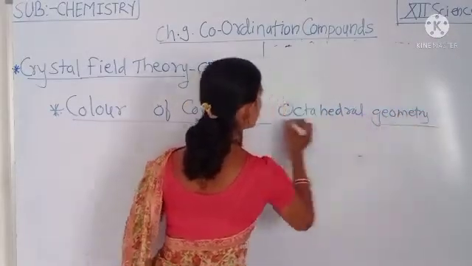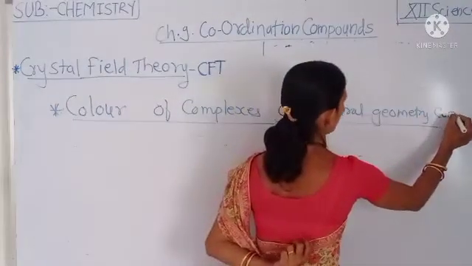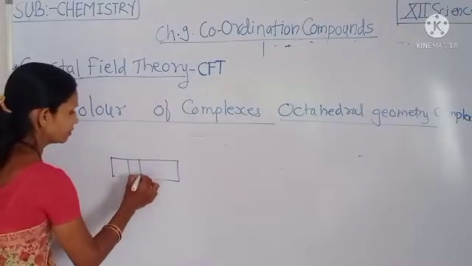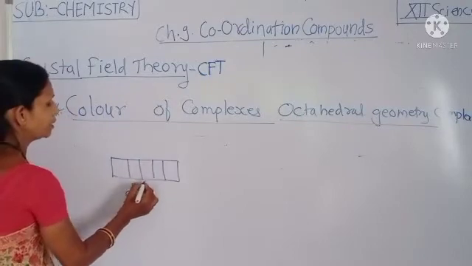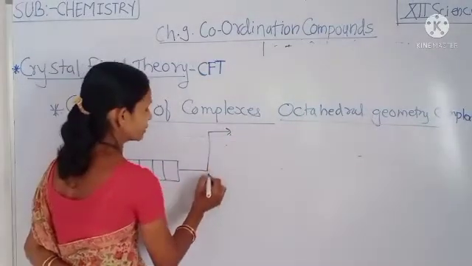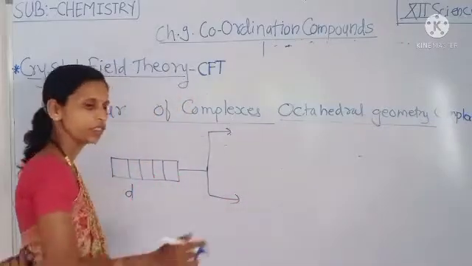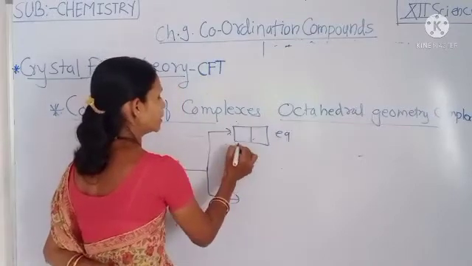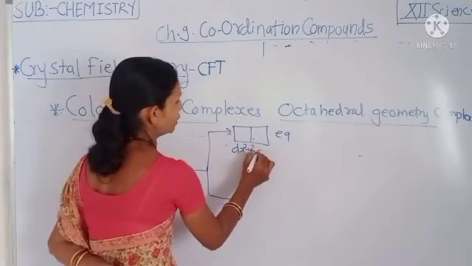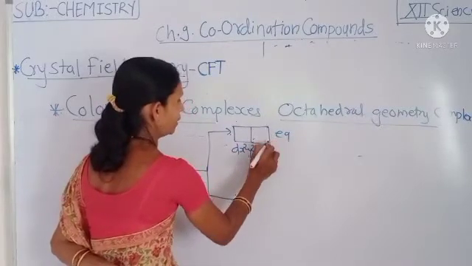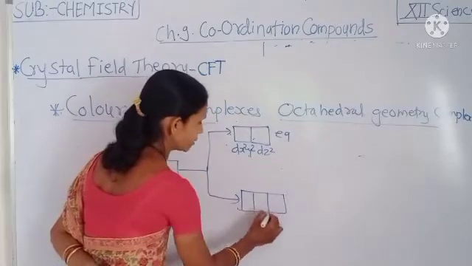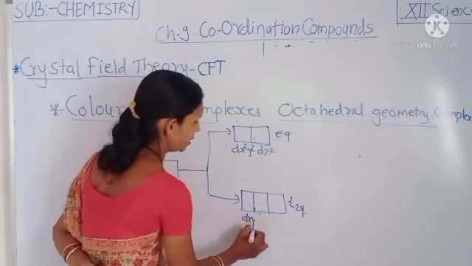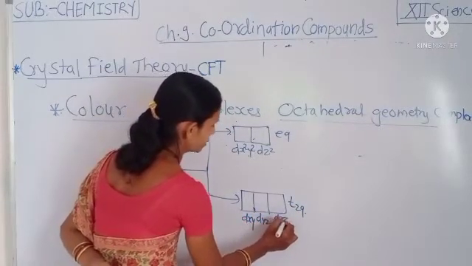Taking one example of octahedral geometry complexes, the d orbitals of the central metal ion are split into two sets: the Eg orbitals, which possess higher energy, that is dx2-y2 and dz2, and the T2g orbitals, which possess lower energy, that is dxy, dyz and dxz.